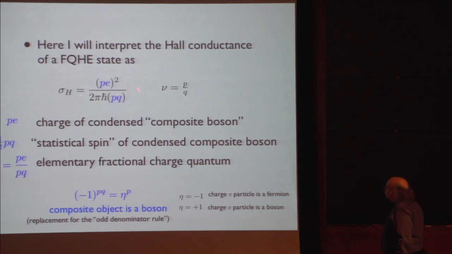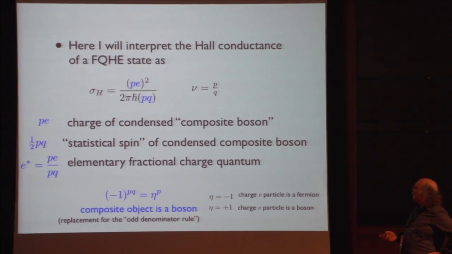And okay, maybe I'll go into this later, but I'm going to interpret, in an effective theory of the quantum Hall effect, the basic entities as somewhat analogous to a unit cell in a solid. It's a unit droplet in the quantum Hall state.